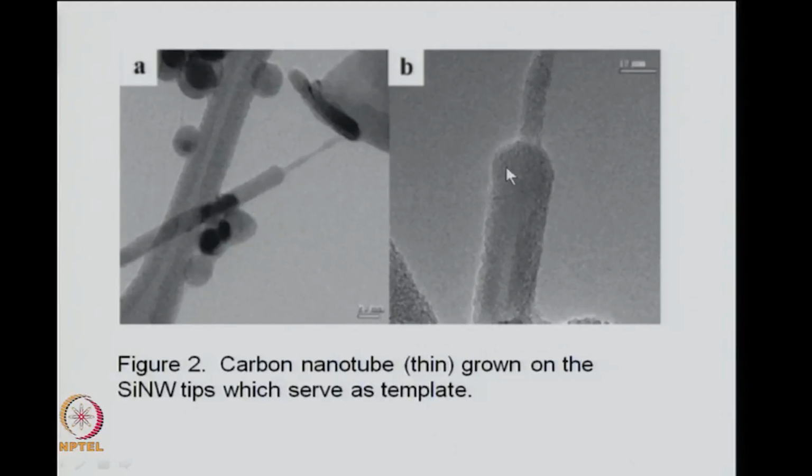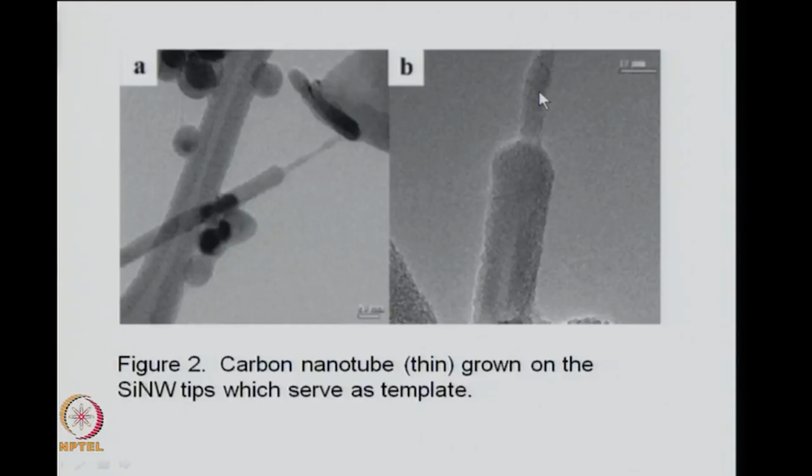This is a close up view, where you can see this is the silicon, which has a wider or larger diameter, and on top of that you have this carbon nanotube. The scale here is around 10 nanometer. So, half of this is around 5 nanometer.